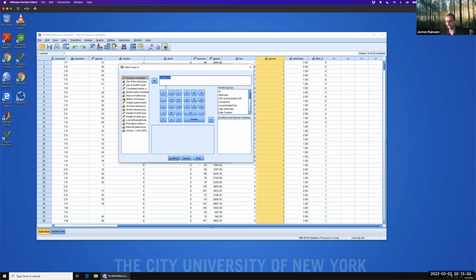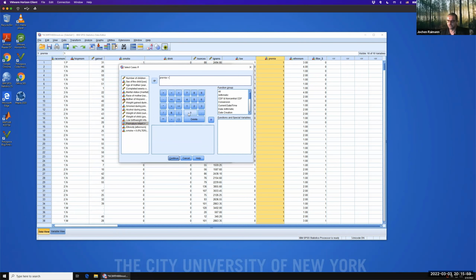So if you delete this and you're selecting, what was it, what we're subsetting, premature birth, the preemies. Okay, good. So we have premature babies. And if you set this equal, essentially you have ones and zeros. And if you do premature birth equals 0, you get a subset of only those where this is not correct.